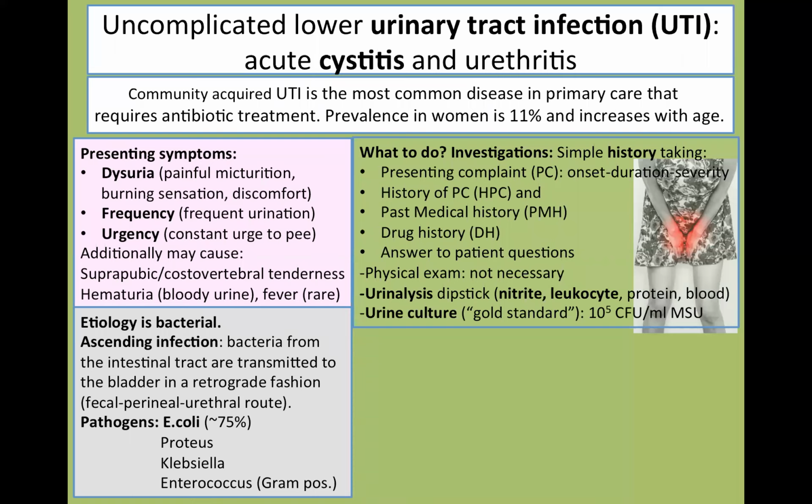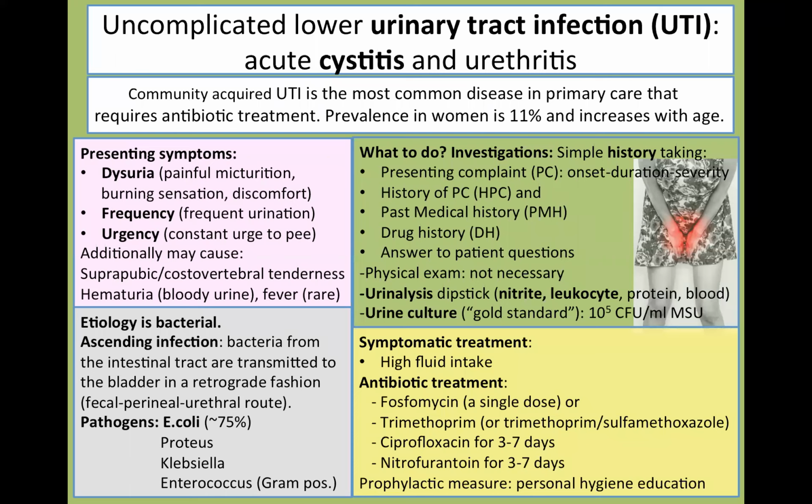The gold standard method is the urine culture, but it's not necessary all the time. Based on the symptoms, we can decide whether treatment is necessary or not. A simple dipstick, which detects the nitrite level, can usually detect the presence of bacteria.